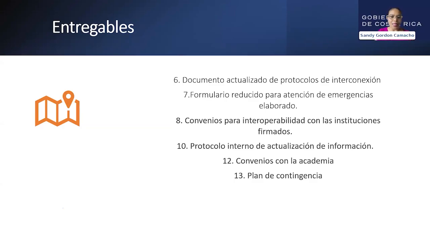And as I said before, we need to have agreements with academia, with the universities, because the professionals are the ones that help us to give the first steps in this situation. And it's important because this does not just enrich the educational process in the country, but it also strengthens Costa Rican systems.